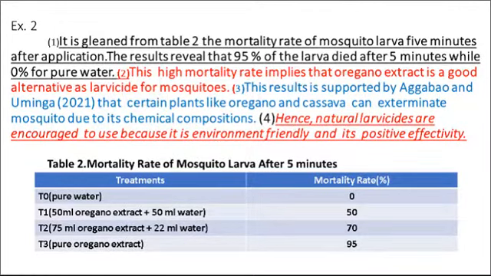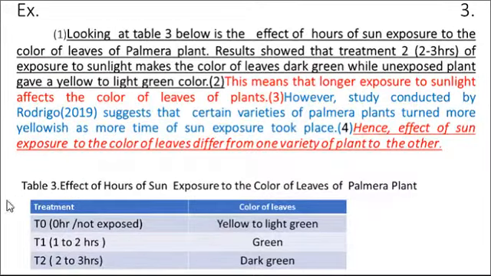Okay, the next example, we have here the table. The title is Effect of Hours of Sun Exposure to the Color of Leaves of Palmeira Plant. So these are the results. We have here treatment and the color of leaves. Now, the interpretation is, looking at the table below, table 3 is the effect of hours of sun exposure to the color of leaves of Palmeira plant.